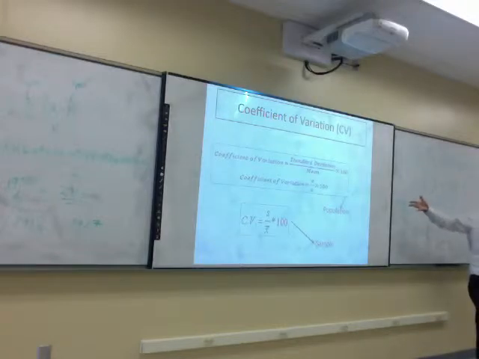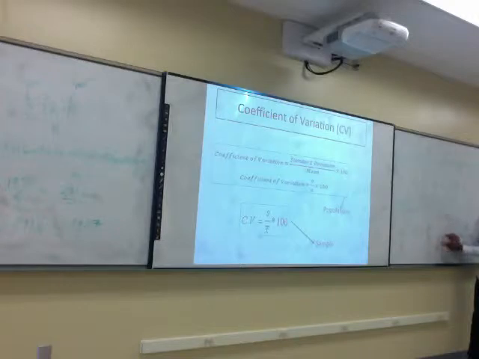And I can use coefficient of variation to compare between group A or B, because it's the same unit. But the benefit of coefficient of variation is when you have different units. If I have the time it takes you to get to school from home and the distance you travel to get here, two different units, I can't use standard deviation to compare the two, but I can use coefficient of variation to compare.